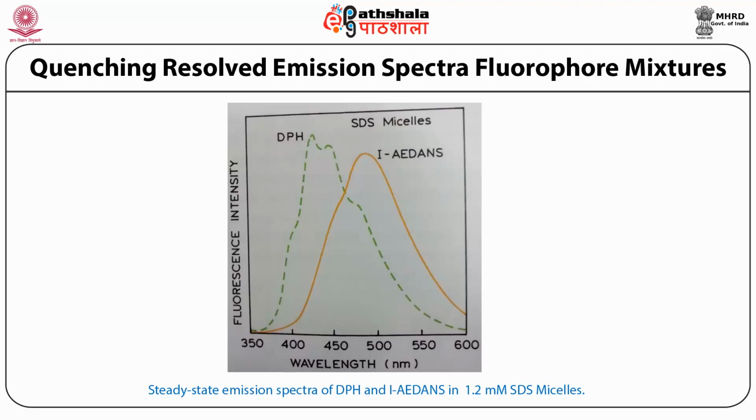Hence, AEDANS is expected to be quenched by the water-soluble quencher acrylamide, and DPH is not expected to be accessible to the acrylamide quencher. Acrylamide Stern-Volmer plots for the separate solutions of DPH in SDS and AEDANS can be observed in such cases.